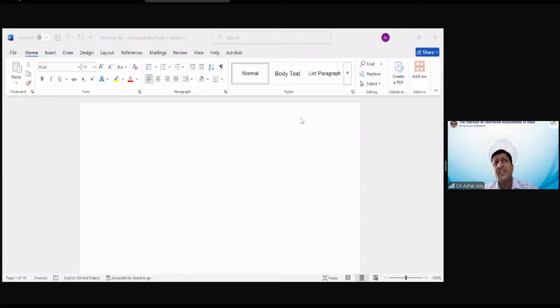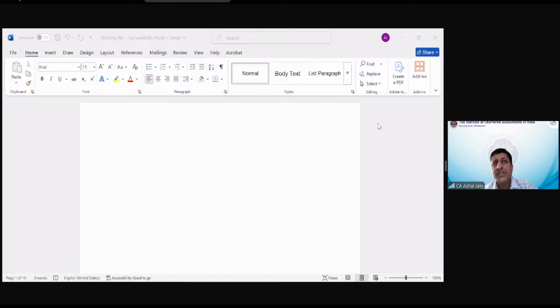Because those legal requirements are mandatory, it's not something which is going to be an option for the entity. A couple of requirements that we discussed include CARO and IFC.